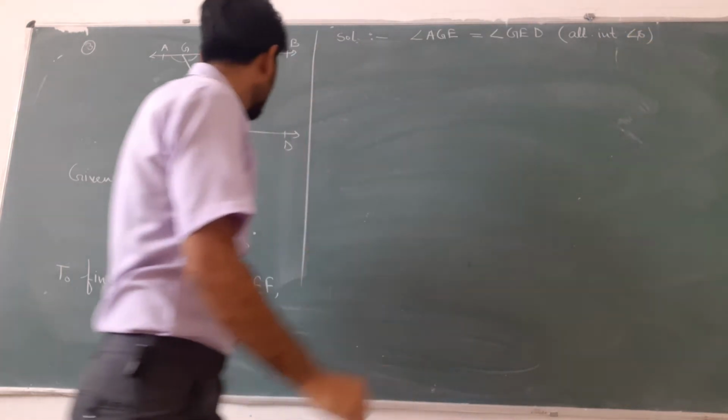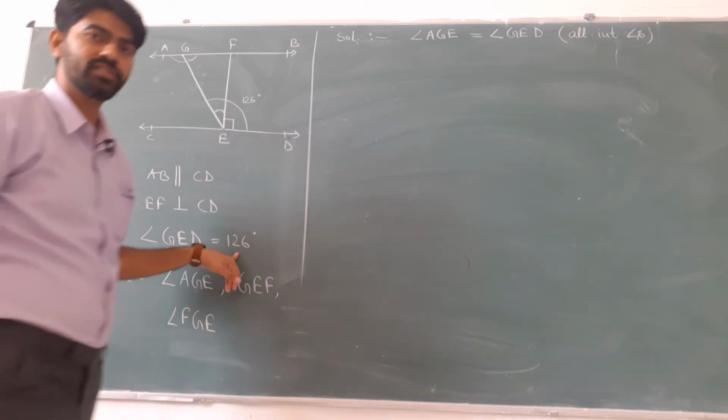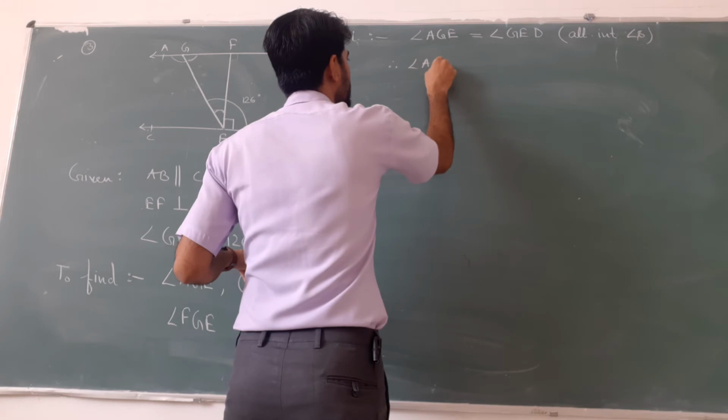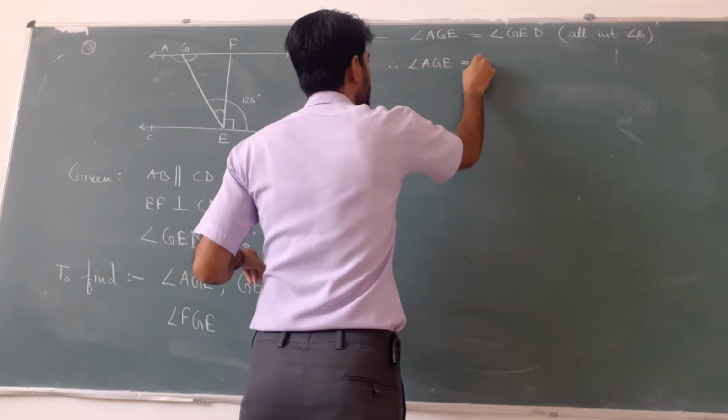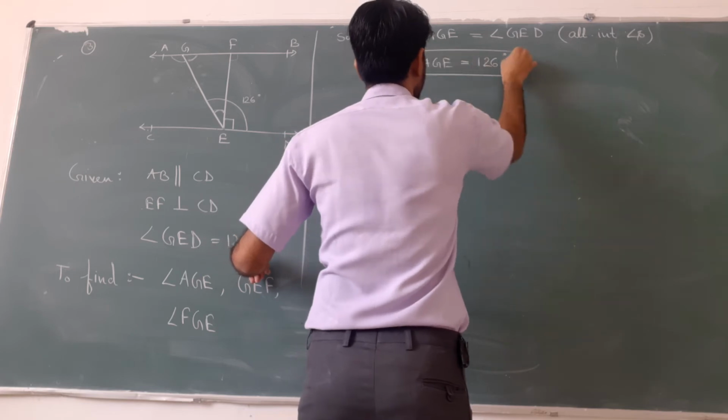Okay, and angle GED is given. Angle GED is 126. Therefore angle AGE will be equal to 126 degrees. This is our first answer.